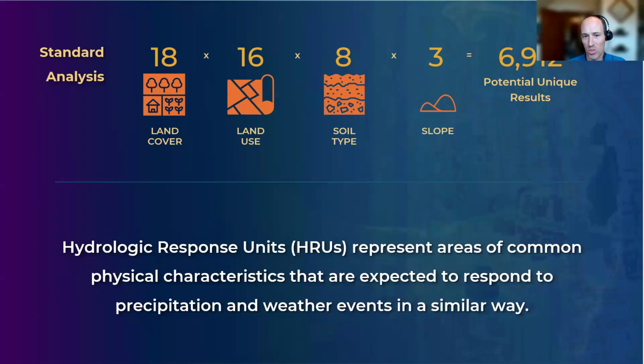So this is where hydrologic response units, or HRUs, and I'll stick with that acronym for the rest of the webinar to be more efficient with our time, come in. They lump together combinations that are going to respond in a similar fashion.